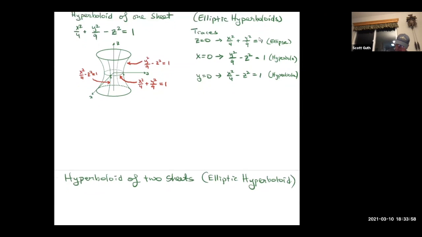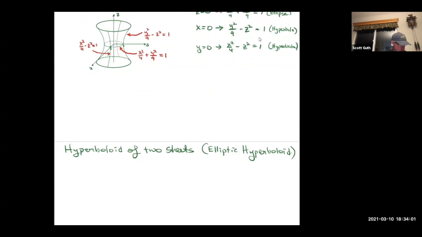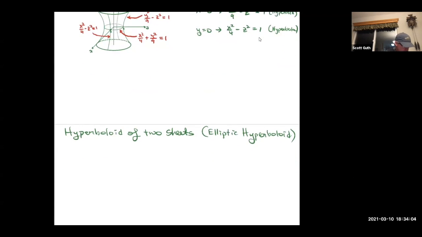Okay, so this one, I could take that same equation, but I think I'll use a fresh one and just do x squared minus y squared minus z squared equals 1. And the point on this one is just sort of, with two minus signs. And I'm assuming you've got all the variables on one side and a positive constant on the other. Okay, so with two minus signs, that's why we get two sheets.